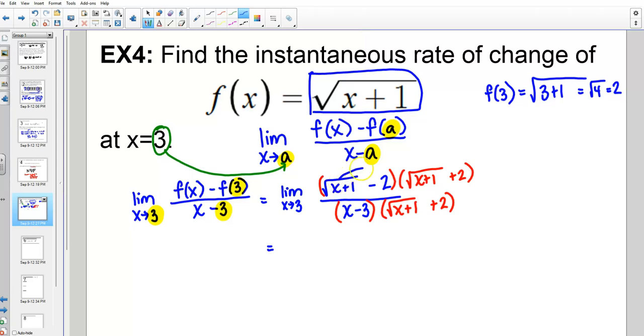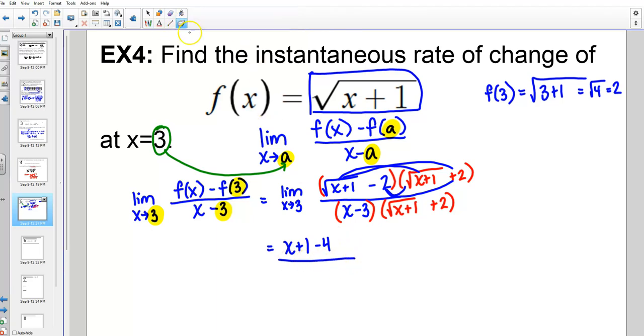So I will distribute here. Square root of x plus 1 times square root of x plus 1 is just x plus 1. The outer part and the inner part are going to cancel each other out. That's why we chose the conjugate, so that we wouldn't have to deal with that root anymore. And then negative 2 times positive 2 is going to give me negative 4.